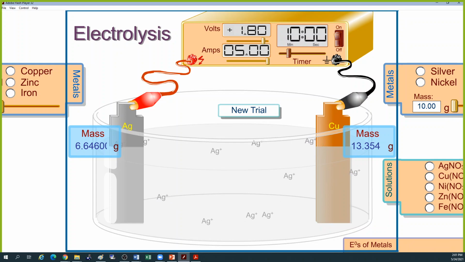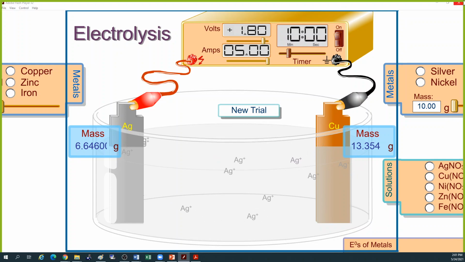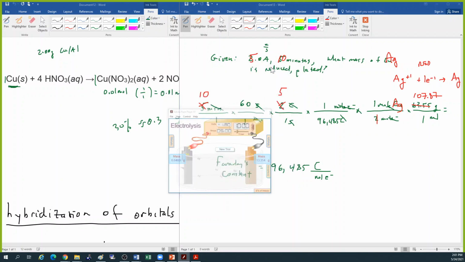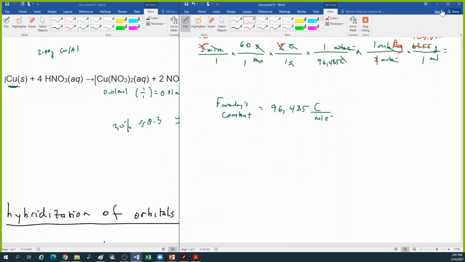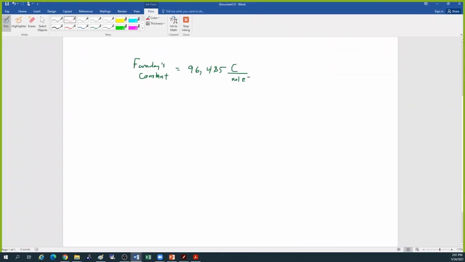All right, let me give you one more to try. I don't know that I can simulate this one, but at least we can write it out. So let's say the current was 6 amperes.